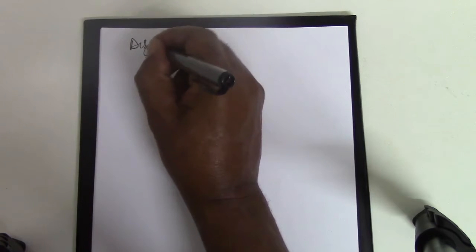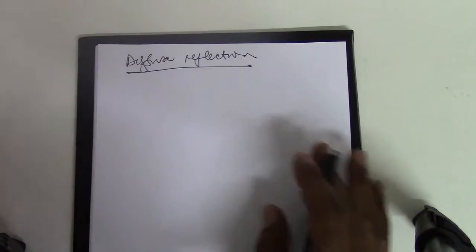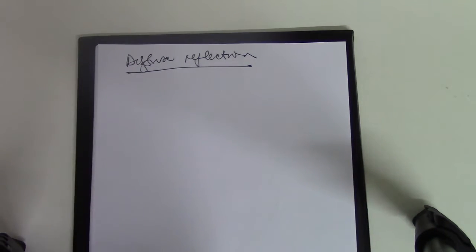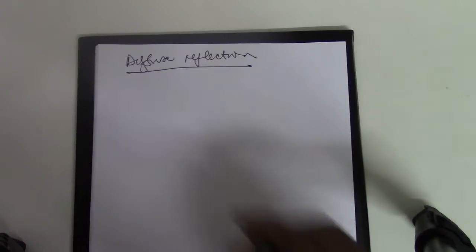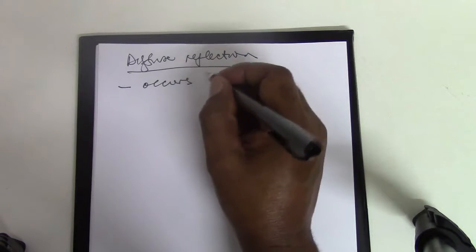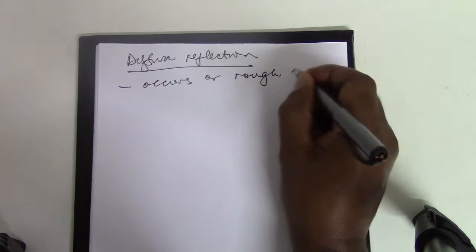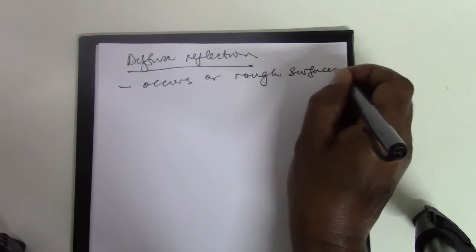Now, let's talk about diffuse reflection. Under diffuse reflection, it occurs on rough surfaces.